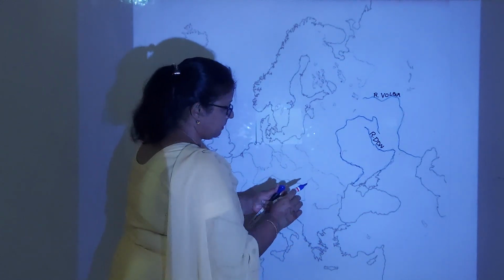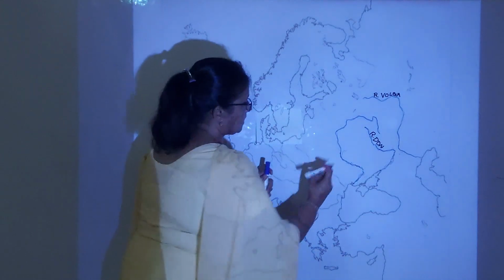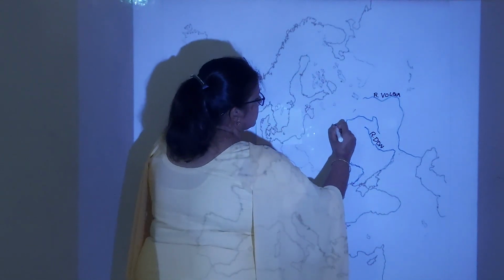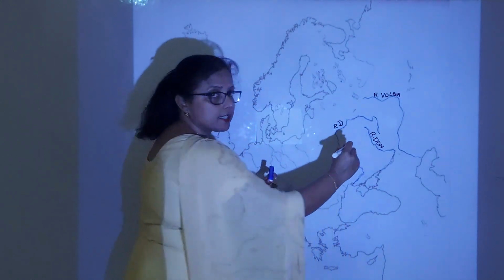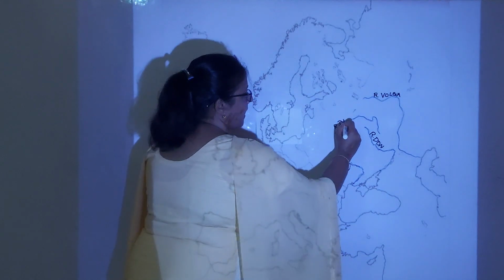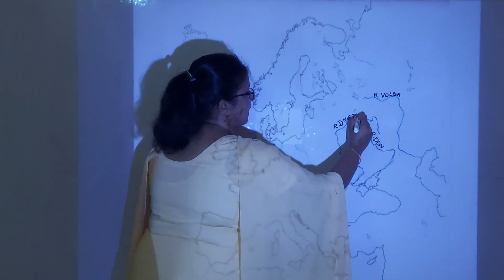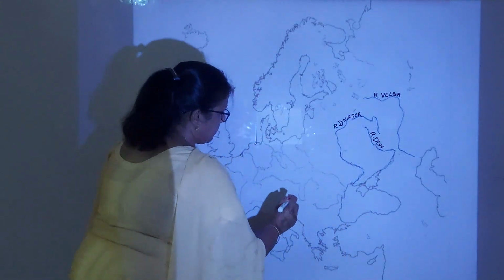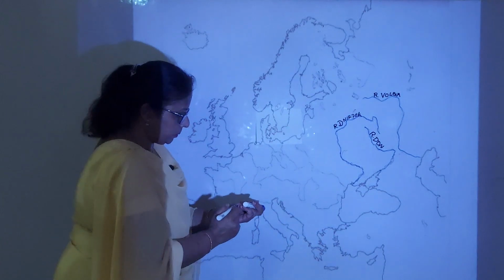So this is the Black Sea, and after marking it, you will name the river Dnieper. It starts with D. D-N-I-E-P-E-R.